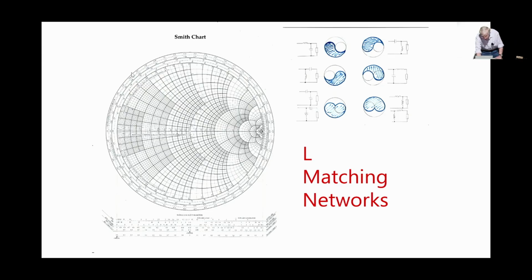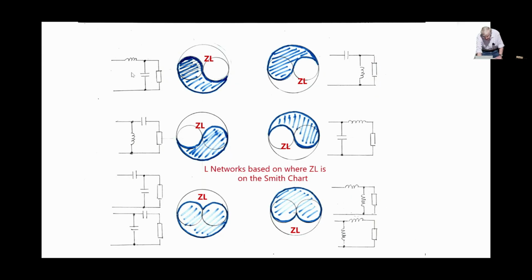So I've selected one here. It's a better graph showing you what networks work in what areas of the Smith chart. And as I mentioned, if you try a network and it just doesn't seem to work out, you've got the wrong network.